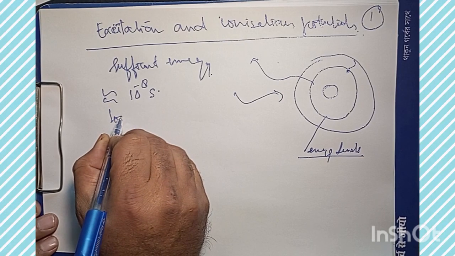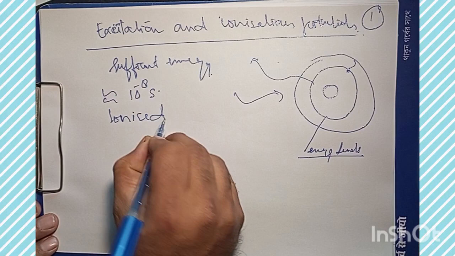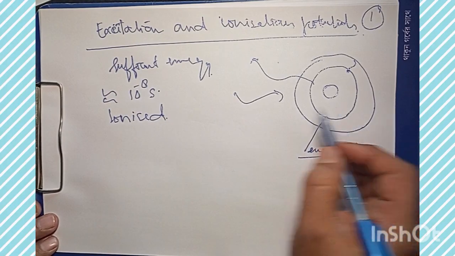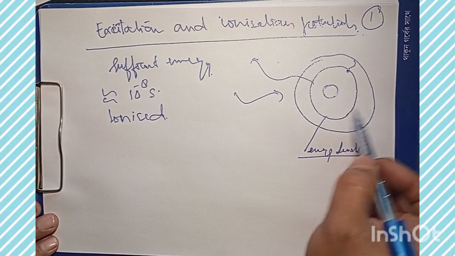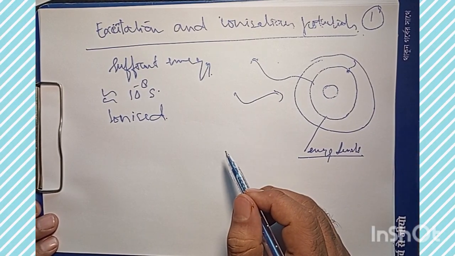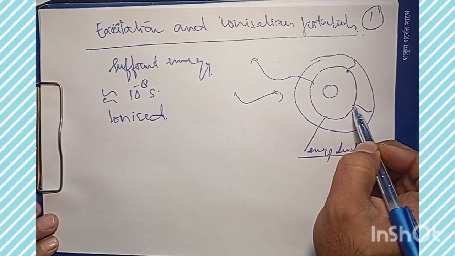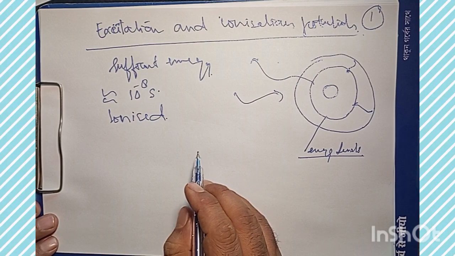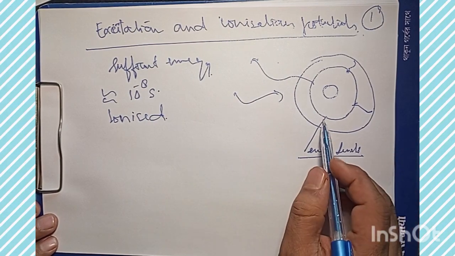Again, suppose the atom recaptures an electron and goes back to its original state; the absorbed energy is emitted as electromagnetic radiation.